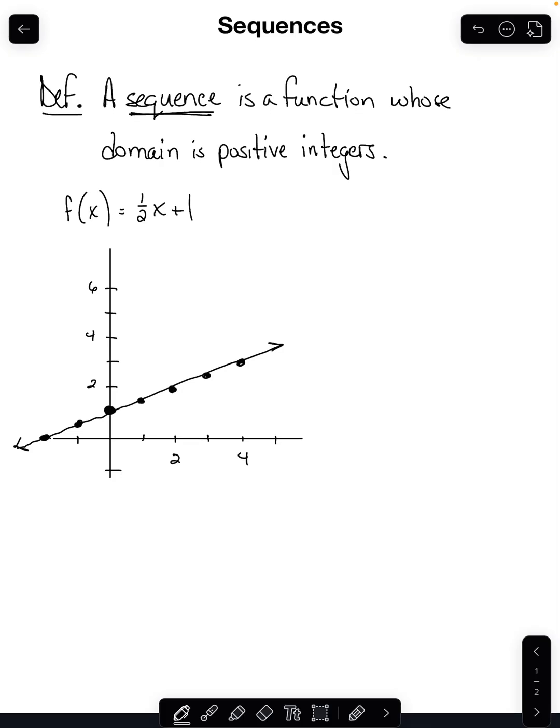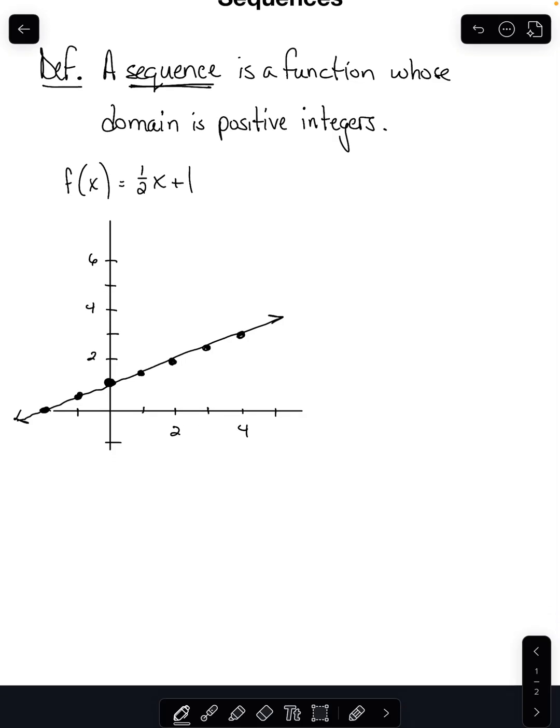On the other hand, the notation for a sequence is typically written in this way. The sequence, if we were to graph that, would consist only of the points, and even then, only of the points that have positive integer input values.